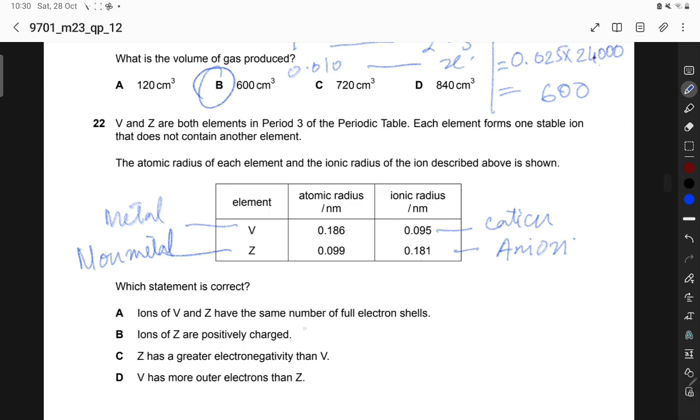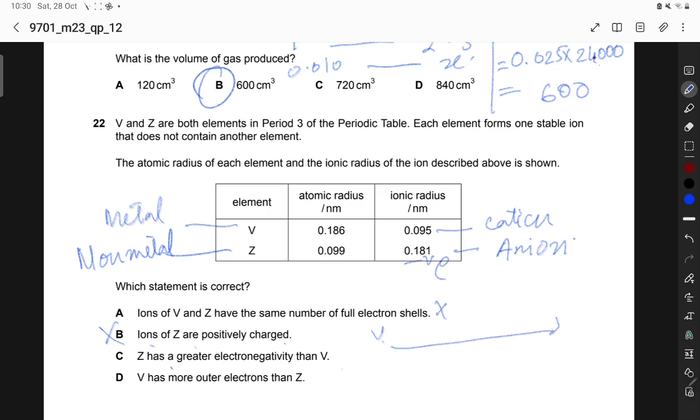Ions of V and Z have the same number of full electron shells. No, this is incorrect. Ions of Z are positively charged. No, this is negatively charged. So this is incorrect. Z has a greater electronegativity than V. Yes, because electronegativity increases across the period.